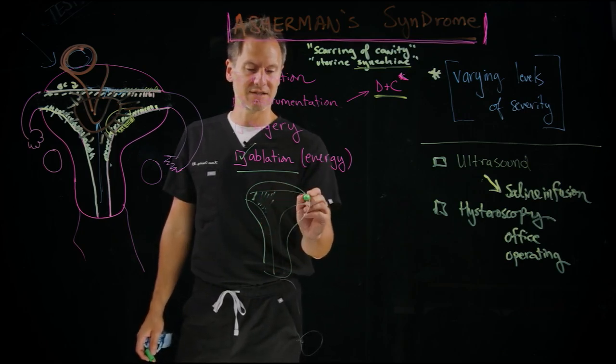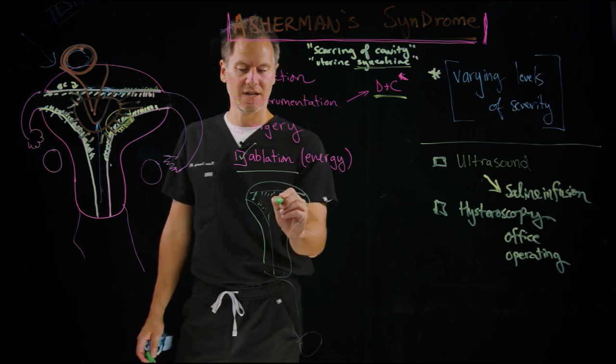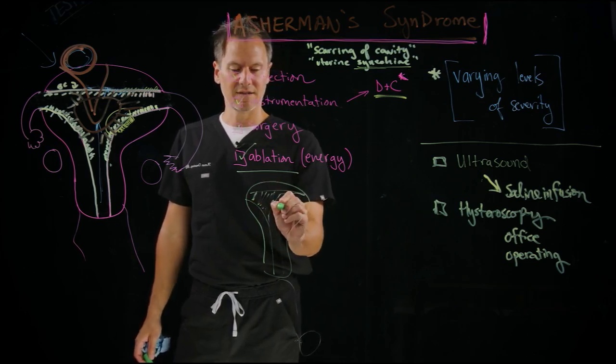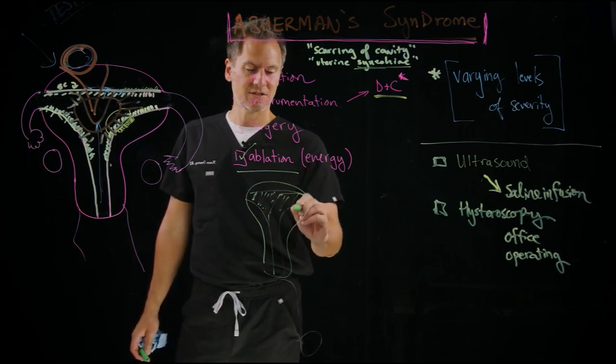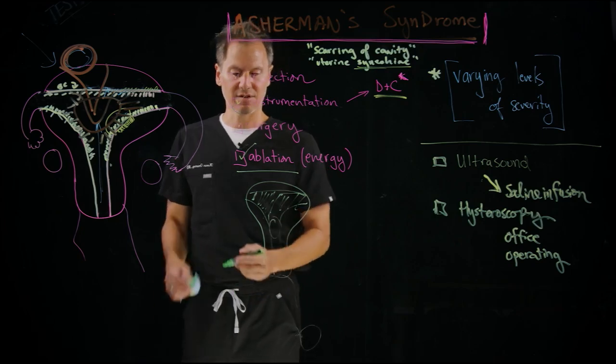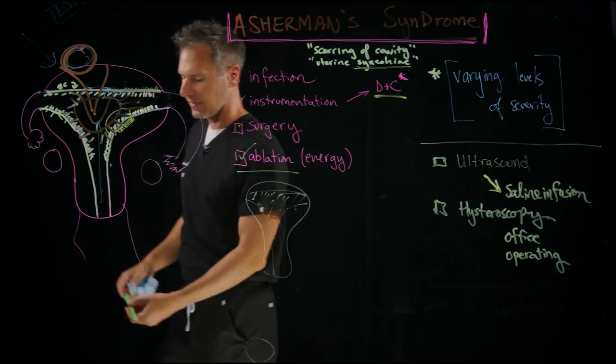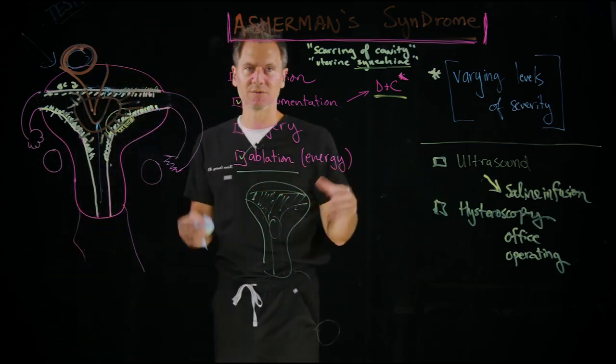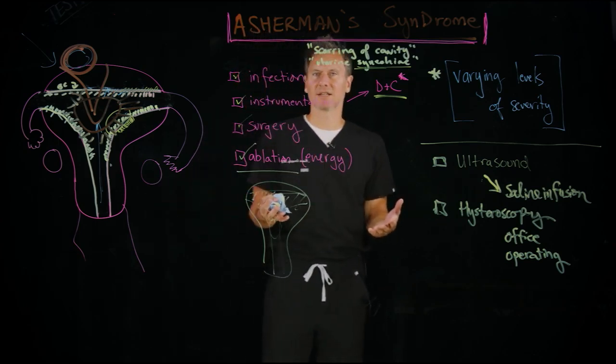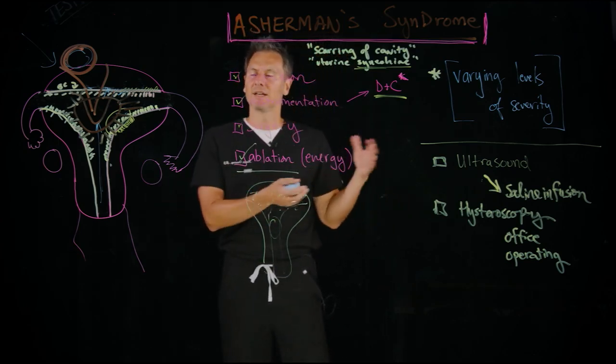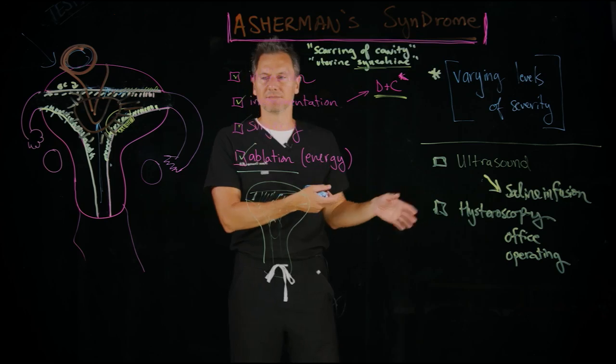Sometimes you just get this area here that's open and this area is obliterated. Sometimes the entire cavity is obliterated and you can only get the catheter here. There are varying levels, and the saline infusion sonohysterography helps us set expectations about the extent of any scarring in the uterine cavity on our way to correcting it.